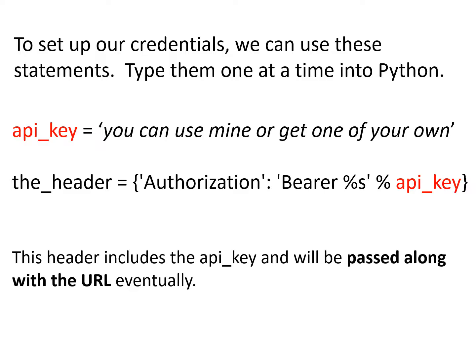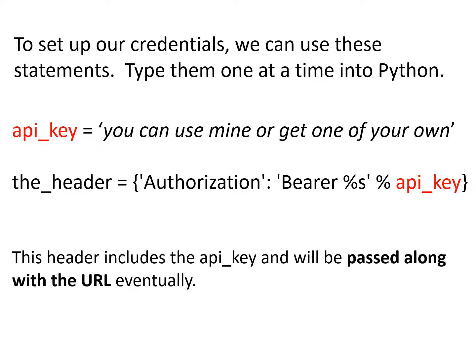First of all, we're creating a variable called API key. So we say API key equals, and then I just have my key in there. You can use mine or get one of your own. Notice it's within single quotes.